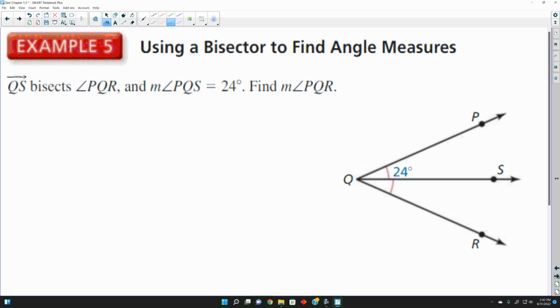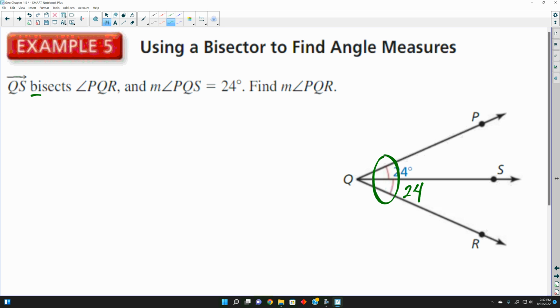Because bi, B-I, means 2. So we're cutting it into 2, and it's going to be into 2 equal parts when we bisect an angle. So the other one is 24. We also talked about these little markers yesterday, yes?